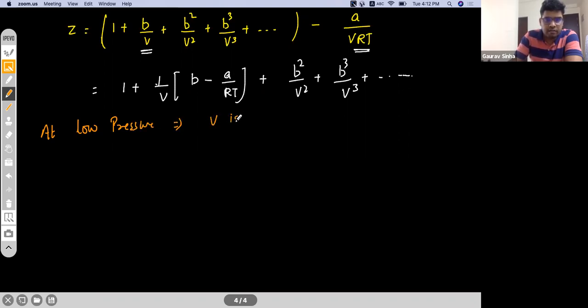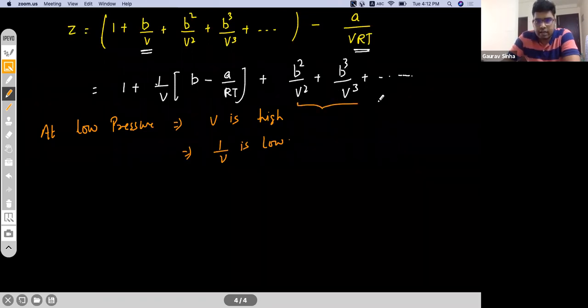V will be high, and if V is high, then 1 by V is low, correct? Because pressure and volume are inversely proportional. 1 by V square is even lower, and 1 by V cube is even lower than all those. So all these terms we can neglect at low pressure.